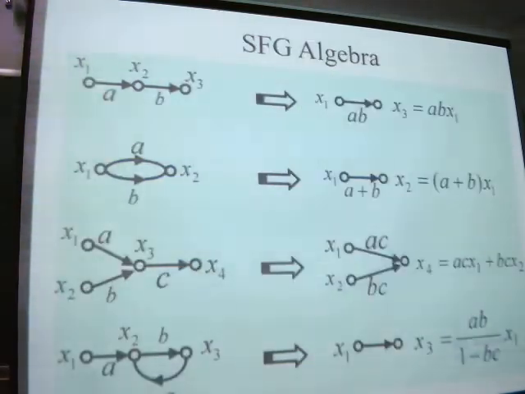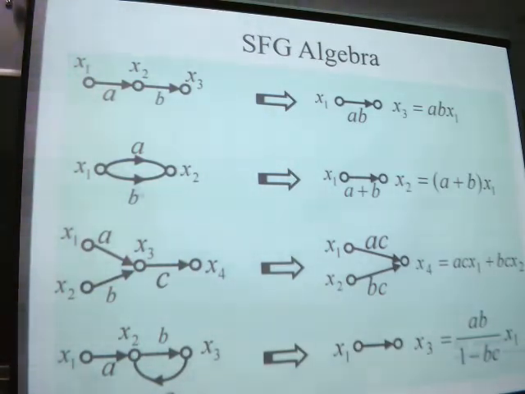Okay, let's go on. There is some algebra. Series: three nodes, two branches connected to each other. The gain is AB.